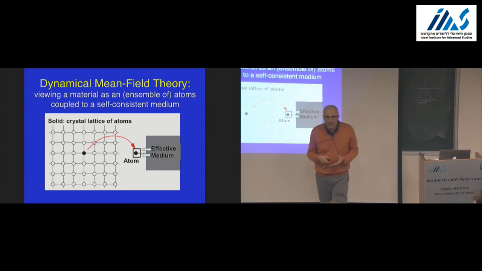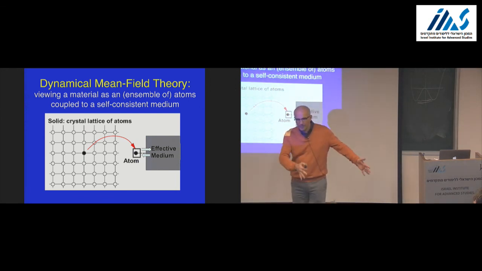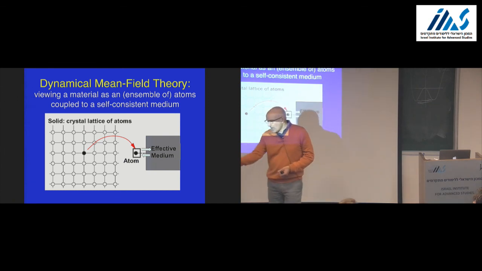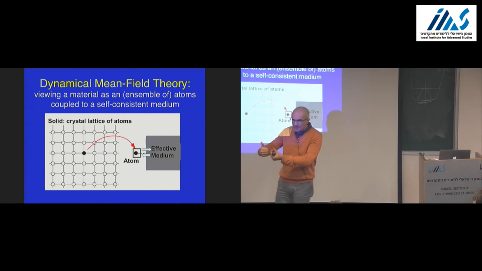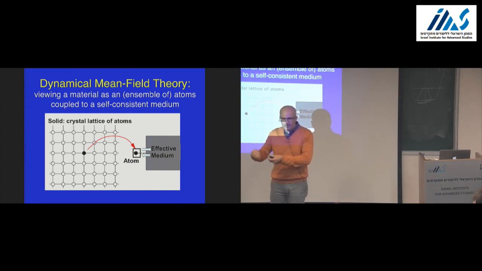So when we do the Ising model, we replace the whole problem by one spin which is coupled to the environment by an effective Weiss field.